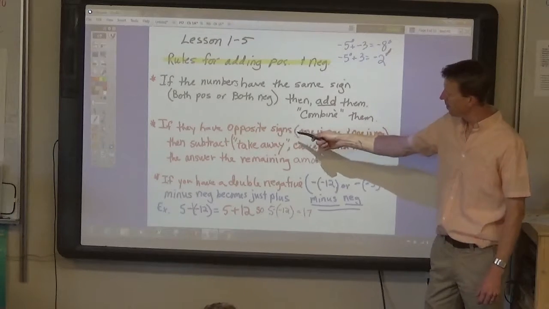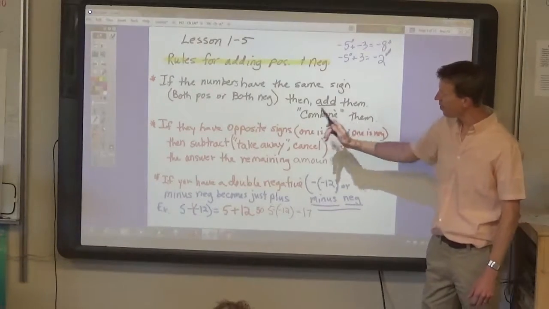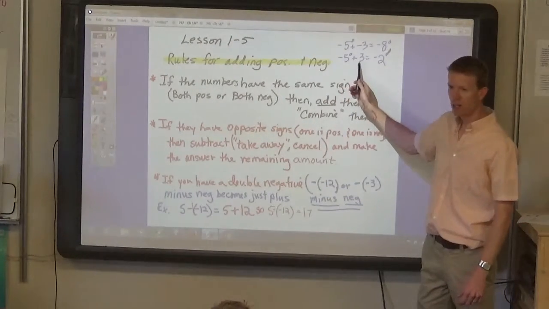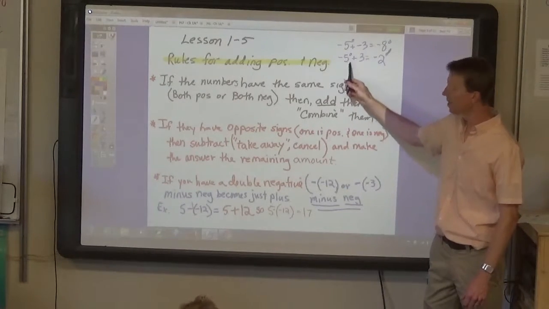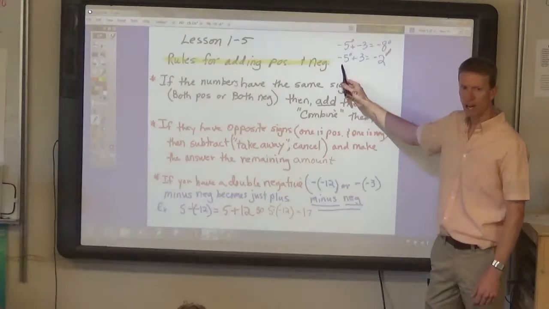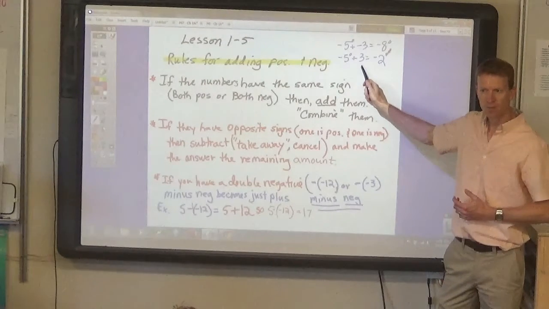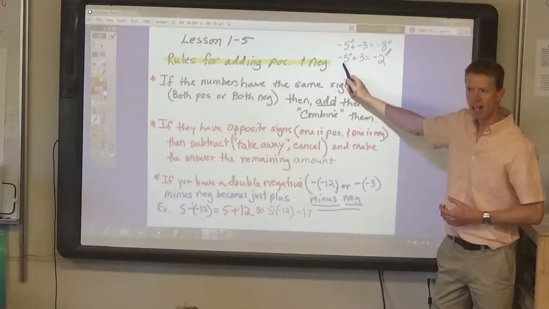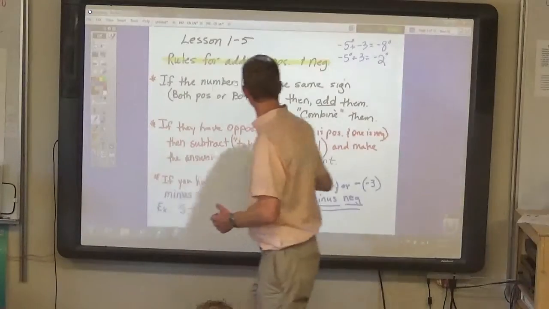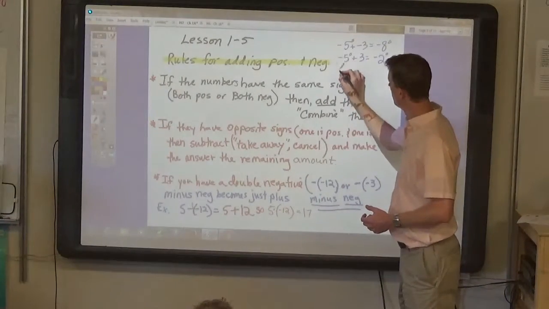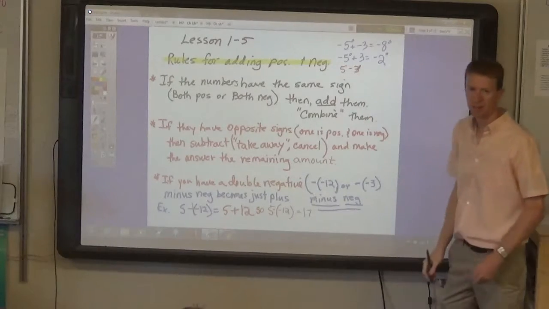Here's why. If you have opposite signs, one is positive and one is negative, then you take away the smaller absolute value from the larger one. You subtract them, subtract the smaller absolute value. The absolute value of 3 is 3. And the absolute value of -5 is 5. And so to find the difference, you would do 5 minus, or take away, 3.